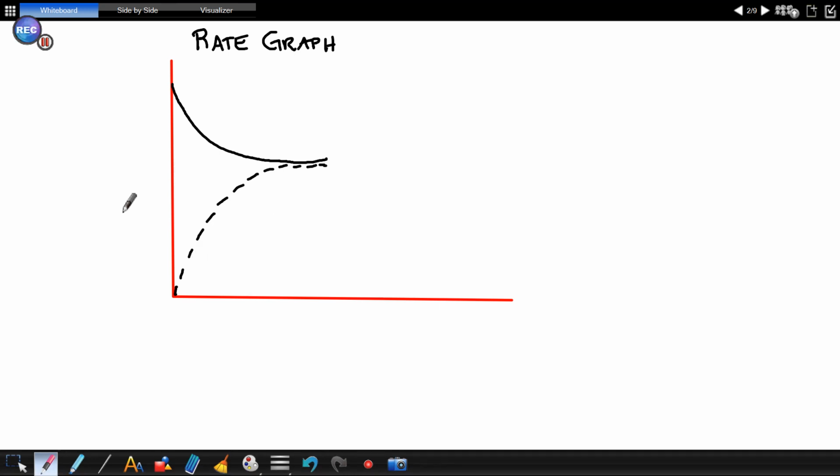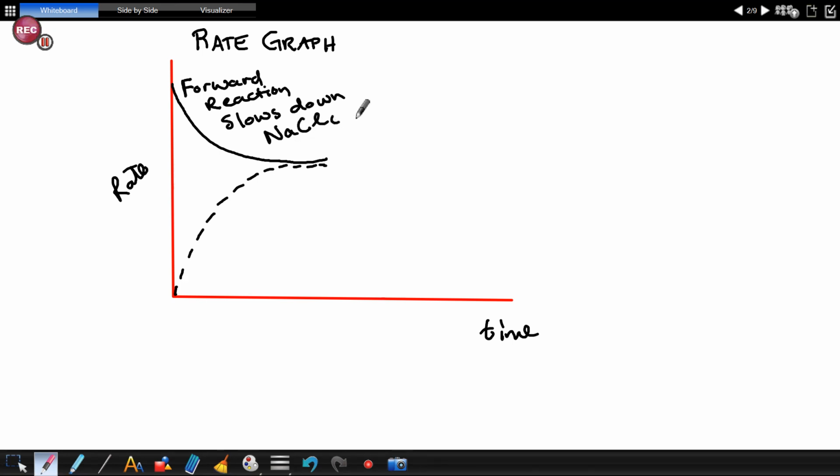Okay, so this is the rate against time graph, and this is the rate of the forward reaction slows down. And the reason for it slowing down is the sodium chloride salt crystals will be less. The less there are, the less the speed of them dissolving.